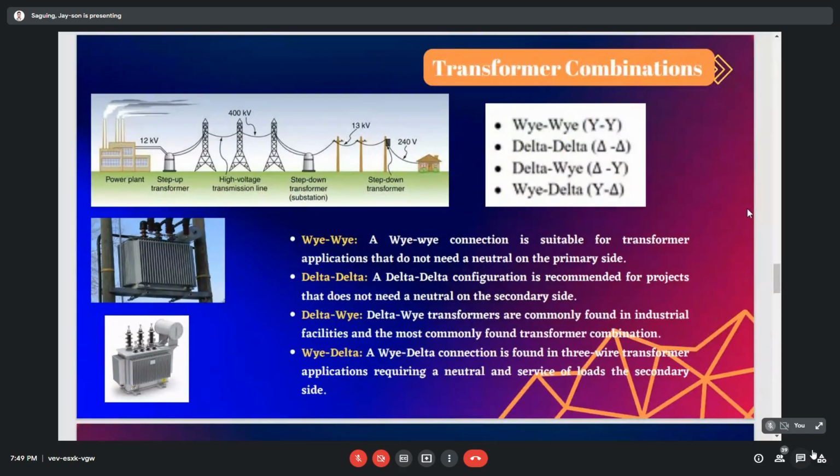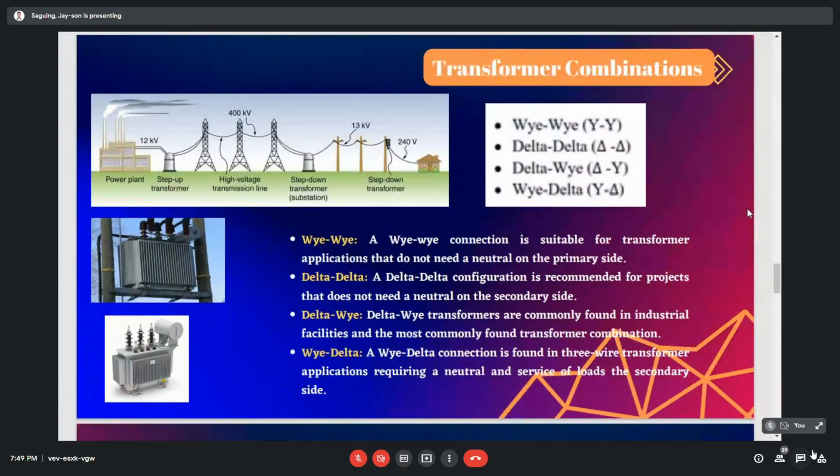We have 4 transformer combinations: Y to Y, delta to delta, delta to Y, and Y to delta. Y to Y is suitable for transformer applications that do not need a neutral on the primary side. Delta to delta is recommended for projects that do not need a neutral on the secondary side.